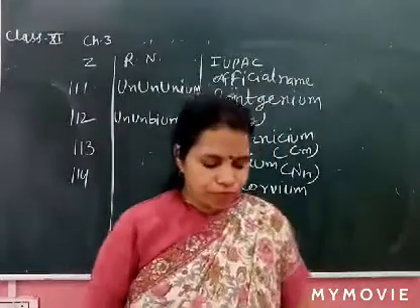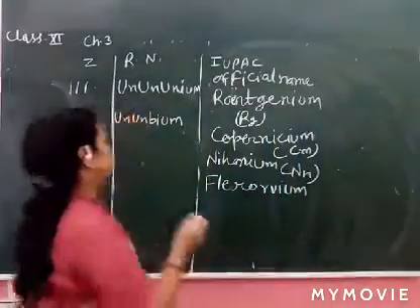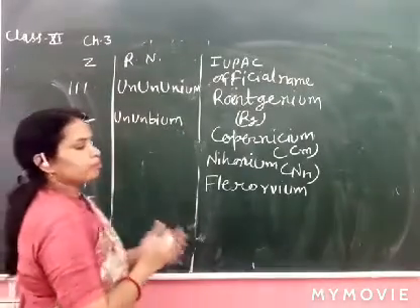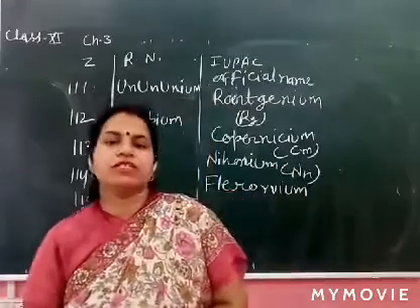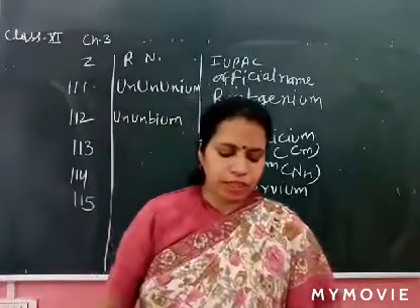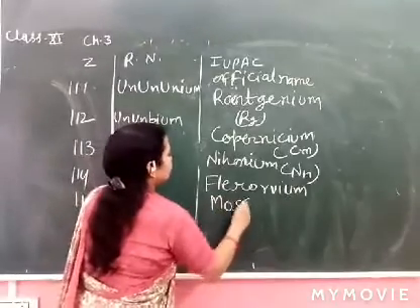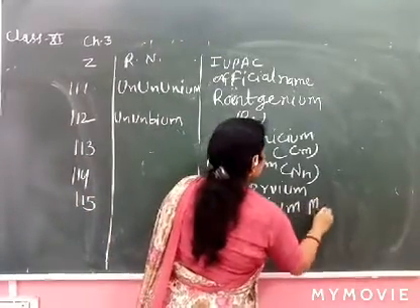Next, 115, Ununpentium. Its name is Moscovium, and its symbol is Mc.